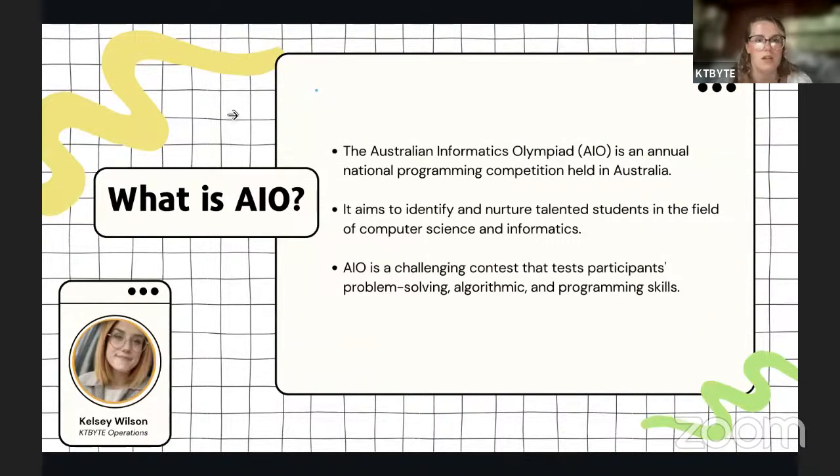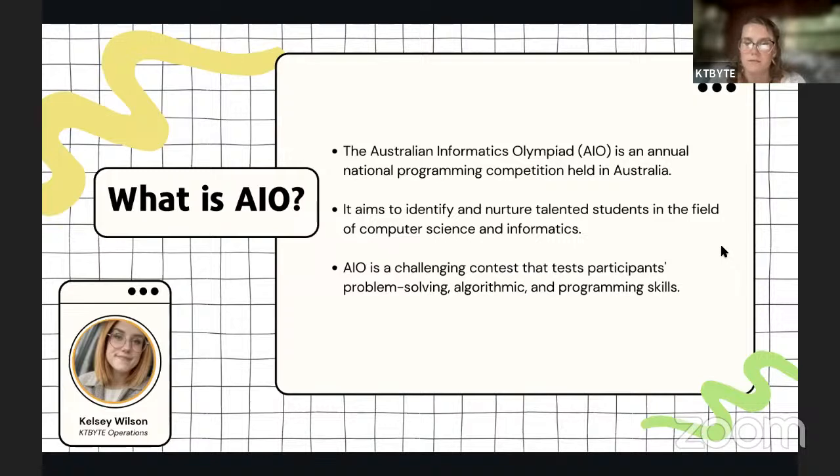So let's move on into a general overview of what even is the Australian Informatics Olympiad. This contest is an annual contest. It's not in person, but you do have to join online at one specific time. That's August 23rd. We'll get a little bit more into that later. And it is held in Australia, though we've looked at all the rules and it seems that anybody can participate.